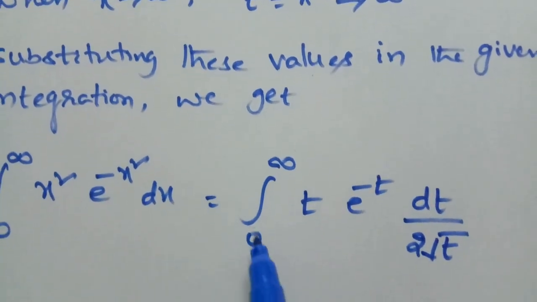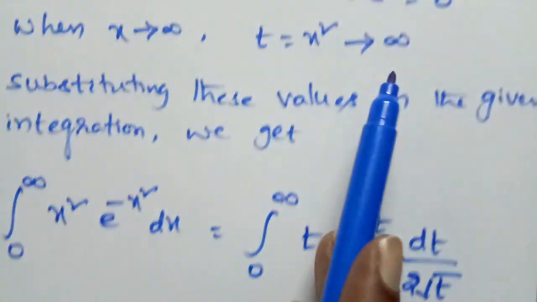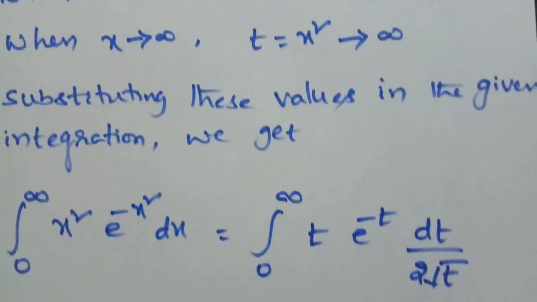So lower limit 0 becomes 0, infinity becomes infinity. So there is no change in the limits.